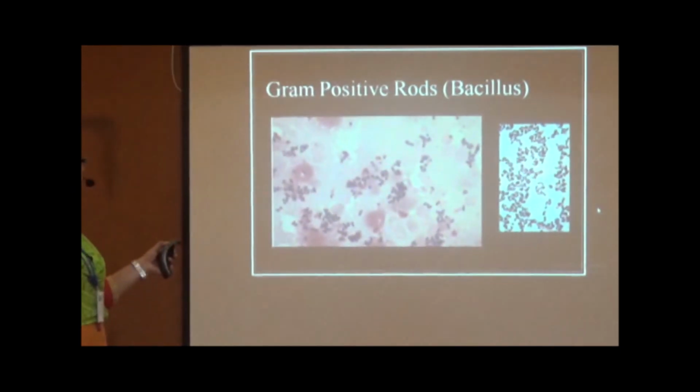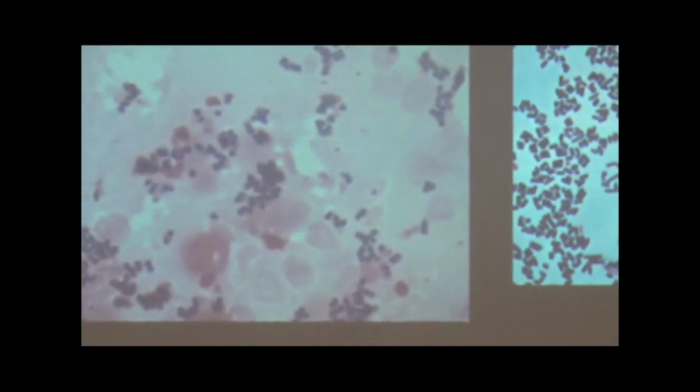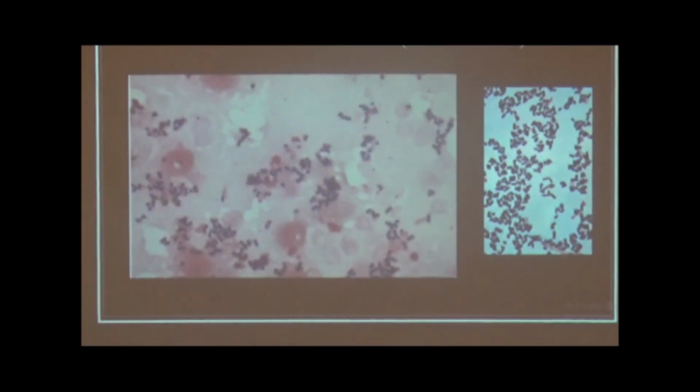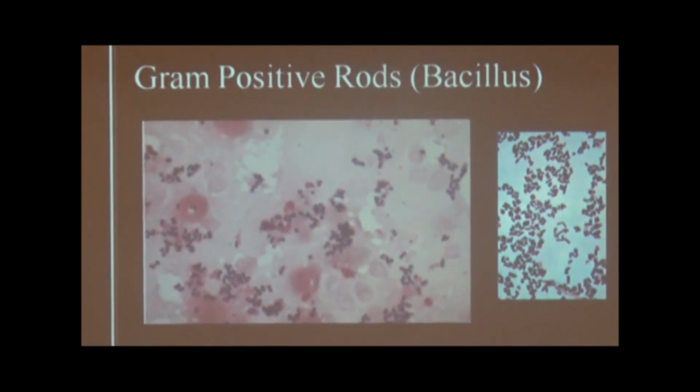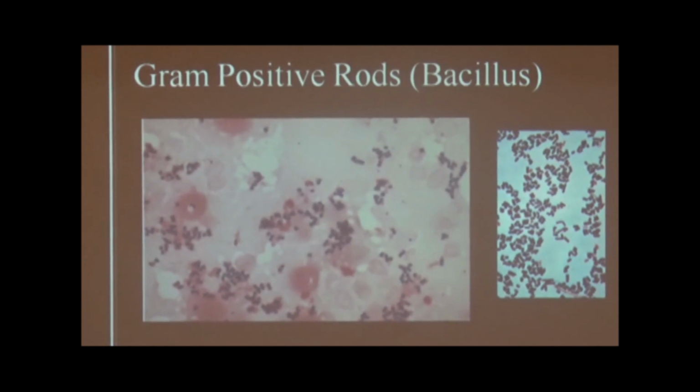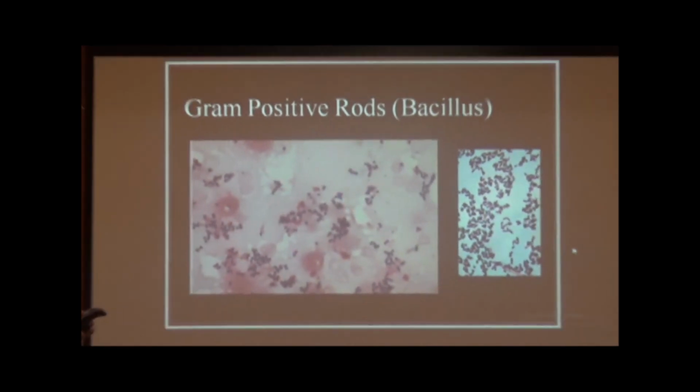These figures represent the gram-positive bacteria with the cocci, round shape, and rod shape bacillus. The bacillus species with the rod shape is gram-positive.